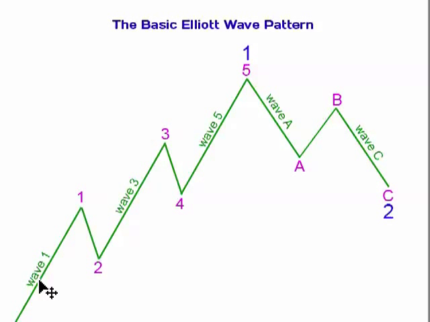First wave positions can subdivide either, most commonly, as an impulse or a leading diagonal. Fifth waves subdivide either as an impulse or an ending diagonal. A waves can subdivide either as an impulse or sometimes a leading diagonal, and C waves subdivide either as an impulse or an ending diagonal.